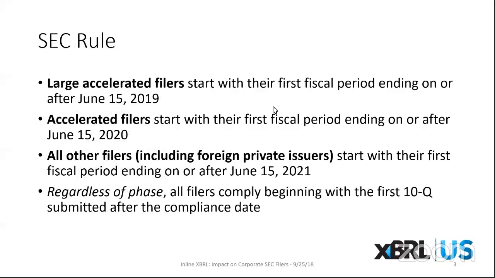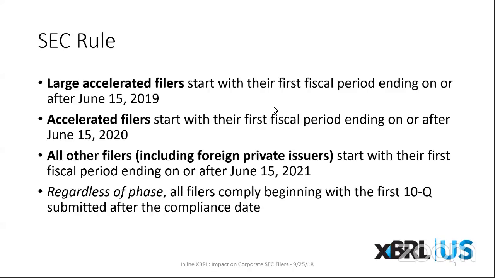So just to give you a quick overview of the rule, which most of you are pretty familiar with at this point, the final rule was approved on June 28th, 2018. Operating companies, as noted in the rule, were phased in over a 3-year period. Large accelerated filers were required to begin complying with their first fiscal period ending on or after June 15th, 2019.